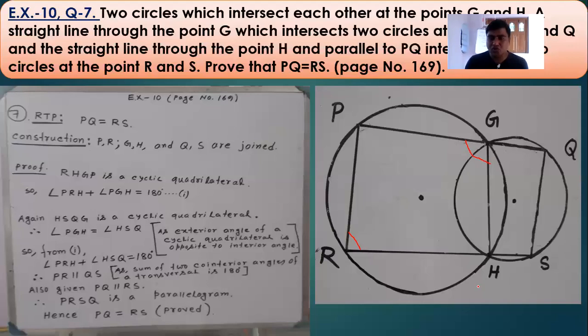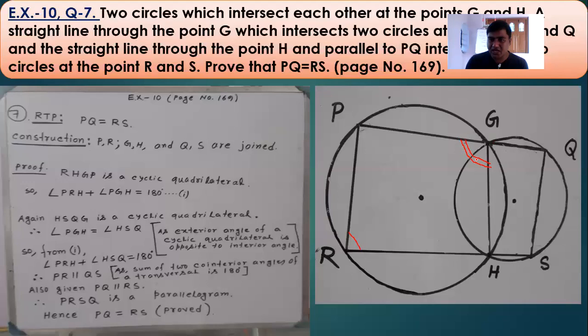Again, these 4 points H, S, Q, G lie on the second circle. So H, S, Q, G is a cyclic quadrilateral, and QG is extended to P, so one exterior angle is formed.